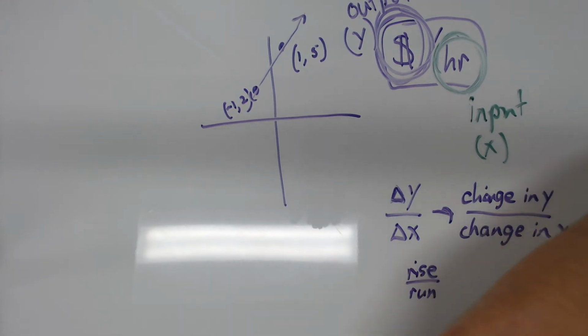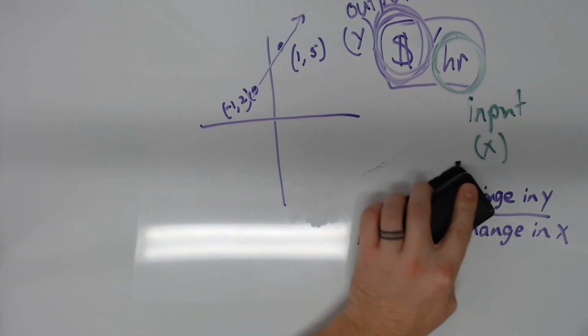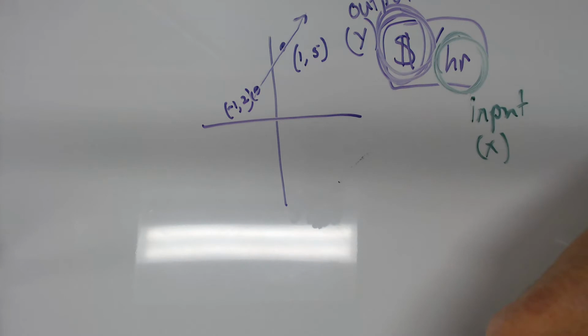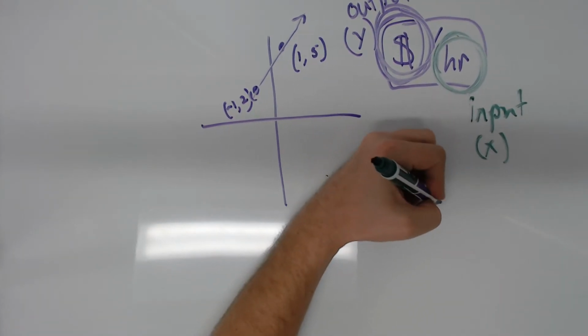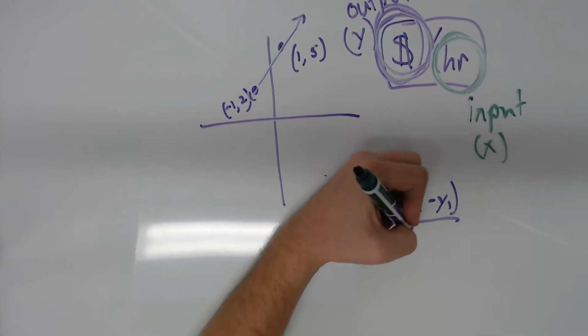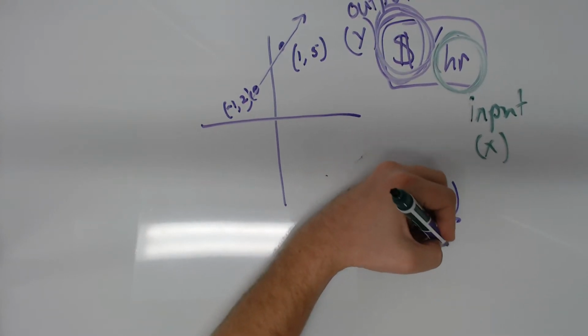So this does give us an equation. Understanding the idea of rate of change is more important than memorizing this equation, but what it looks like is y2 minus y1 over x2 minus x1.